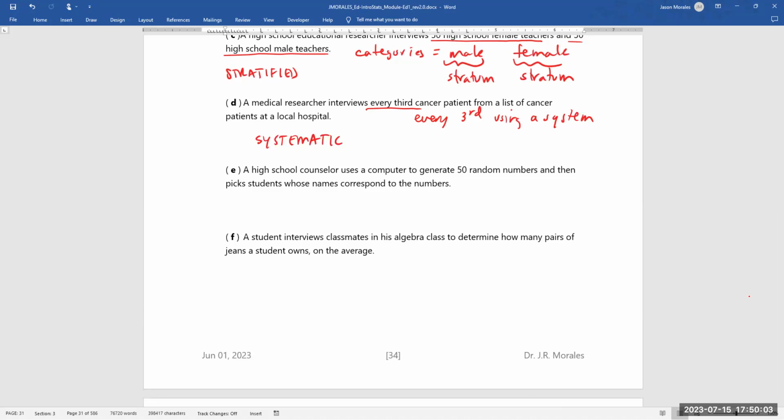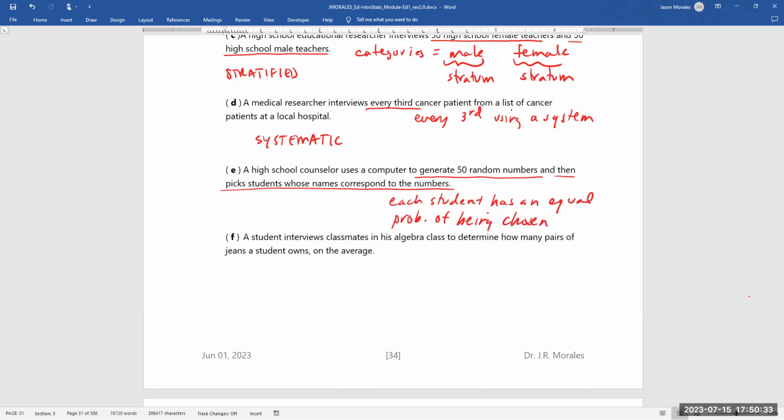Okay, part E. A high school counselor uses a computer to generate 50 random numbers and then picks students whose names correspond to the numbers. So in this case, each student has an equal probability of being chosen.